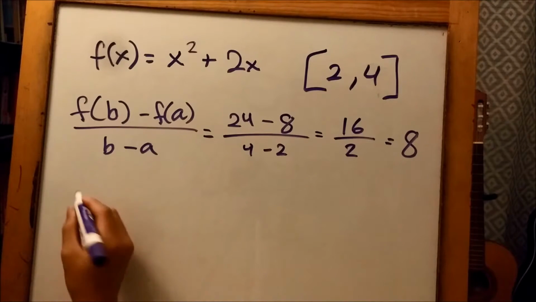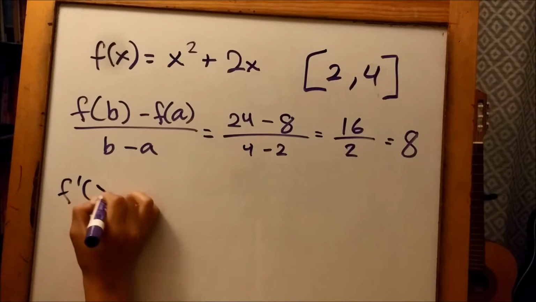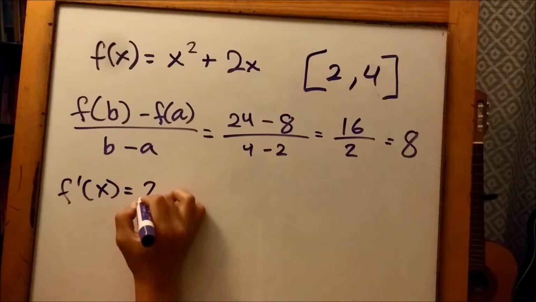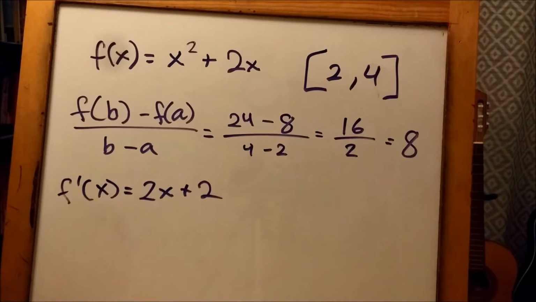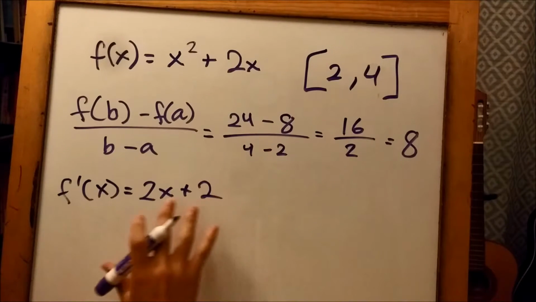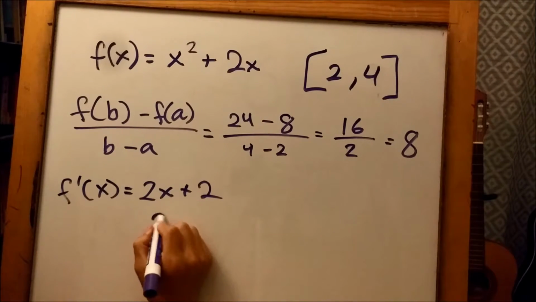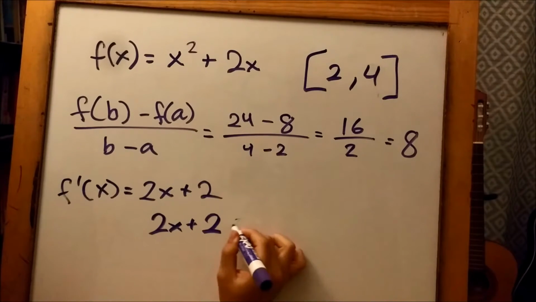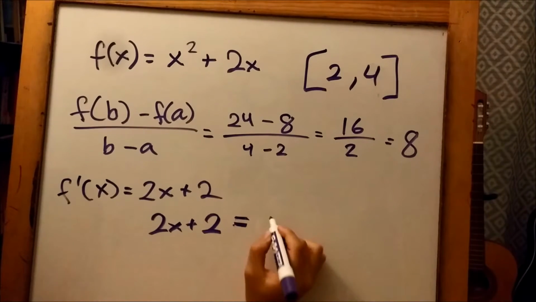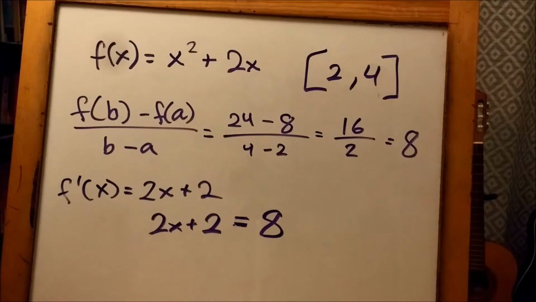So the derivative of f of x, so f prime of x, is 2x plus 2. Now, we need to set the derivative of f of x, which is 2x plus 2, equal to the average slope, because we said that f prime of c equals the average slope of the function.